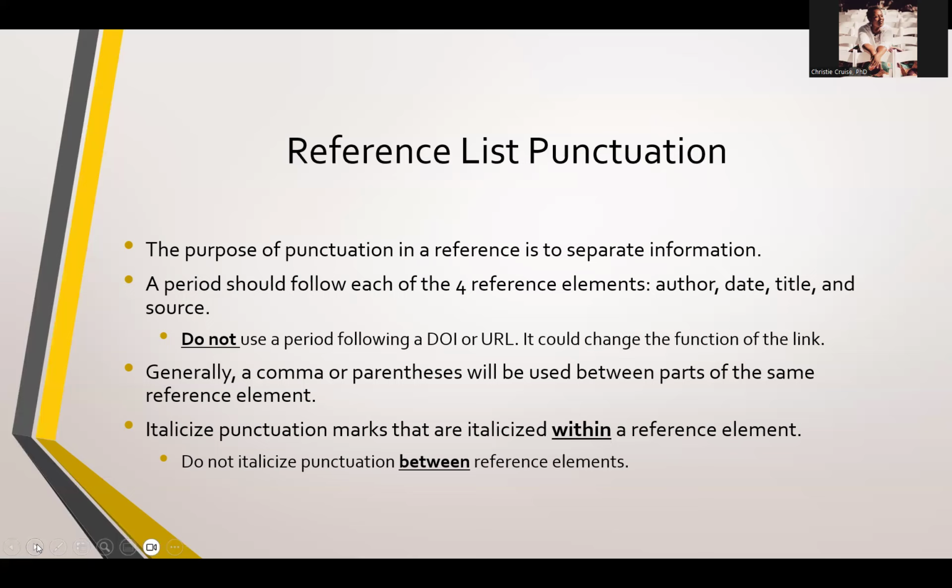However, if you are, for example, listing a journal, and then you do comma, and then you're going to do the volume, then that comma should not be italicized because it is between the elements of a reference.